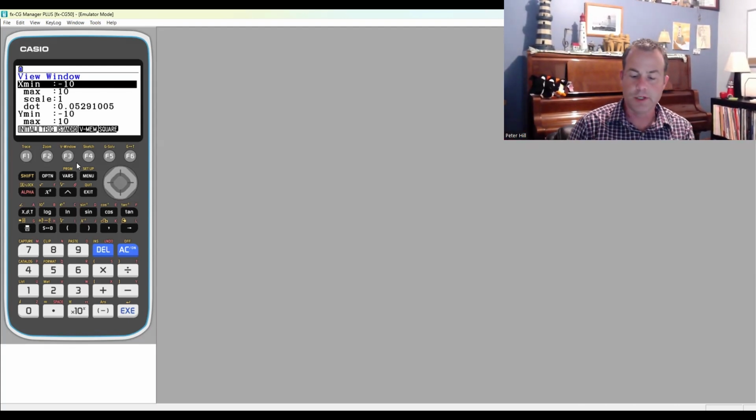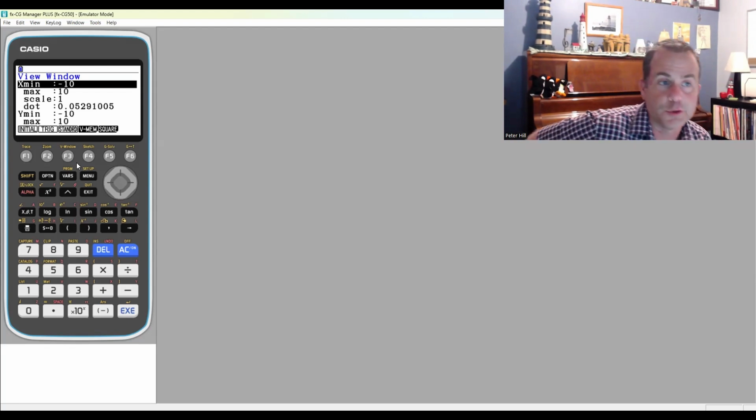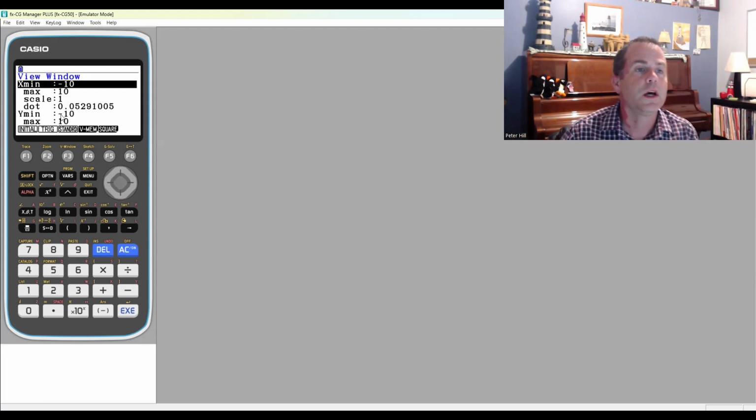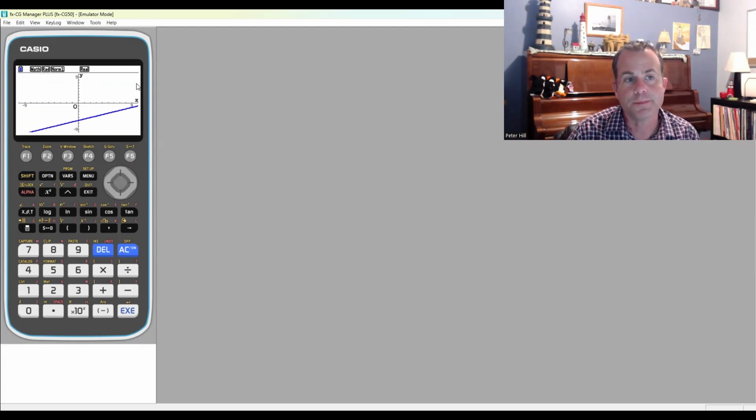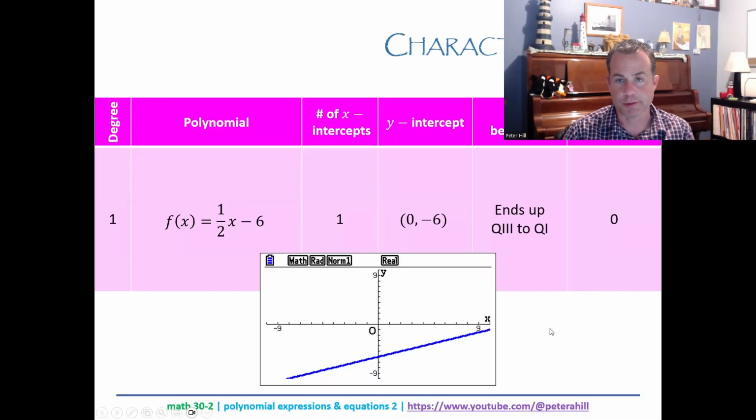I think it's zoom 0, but I will tell you in one quick second. Zoom, uh, no, zoom 6. Sorry, my bad. Zoom 6 is your standard window. Okay, great. So then I just exit and I redraw. And now I can see a closer picture to what I was showing you on the PowerPoint. Okay, all right, I'm going to switch back to the PowerPoint. Okay, and we see the same picture there.